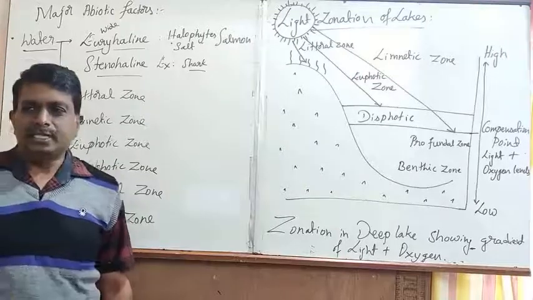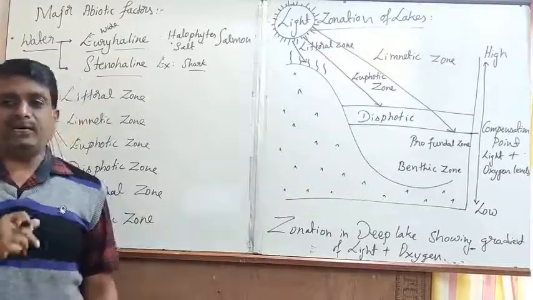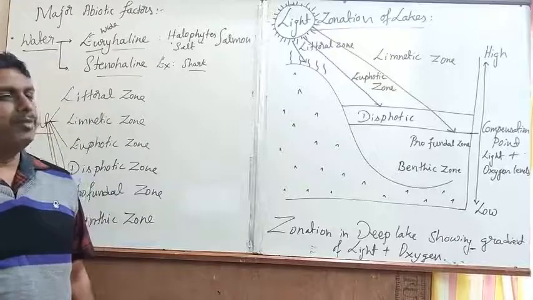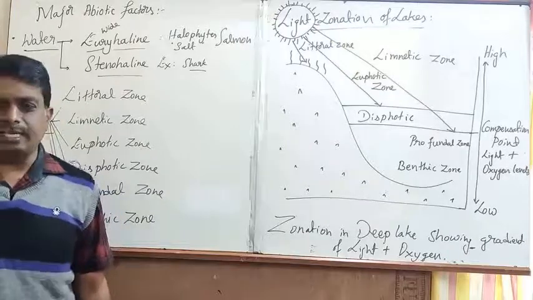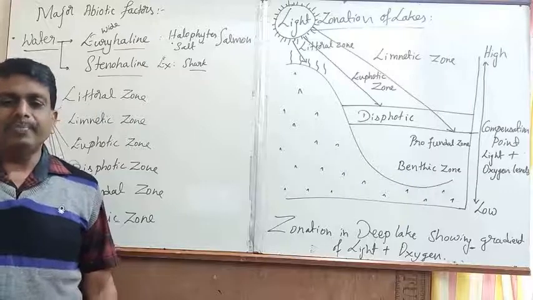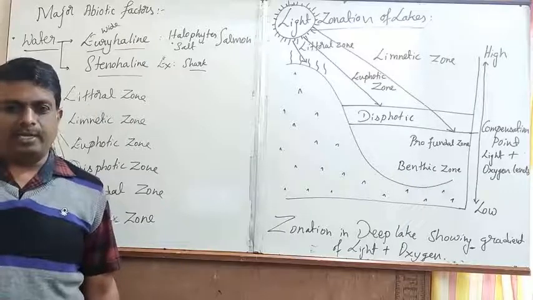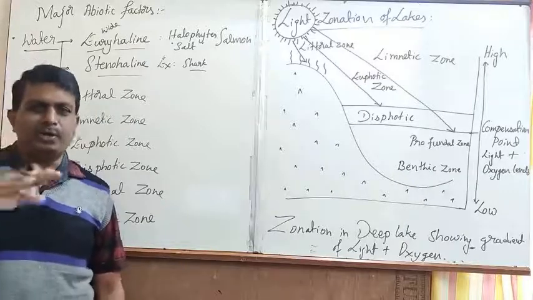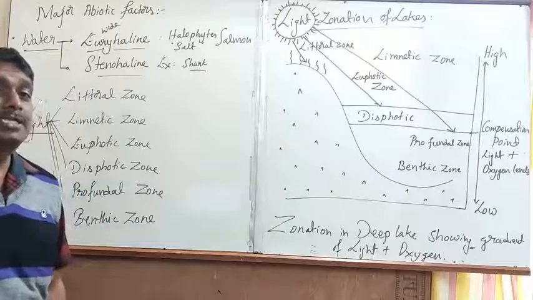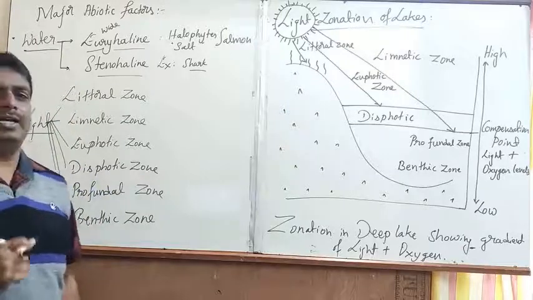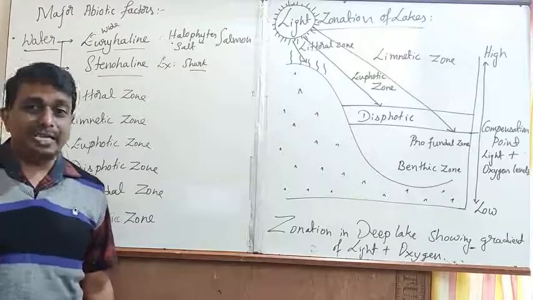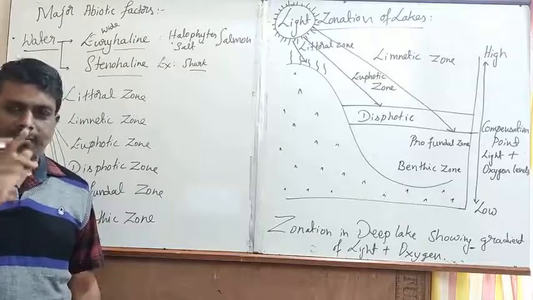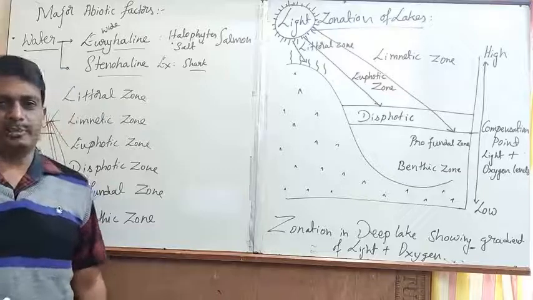Photosynthetically active radiation, PAR, ranging from 400 to 700 nanometers, plays a very important role in maximum productivity, especially for green plants, starting from algae to angiosperms.